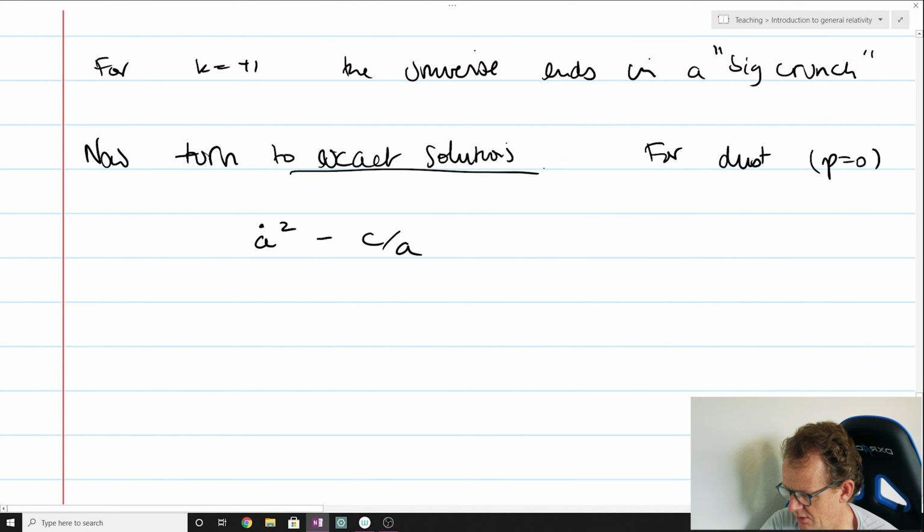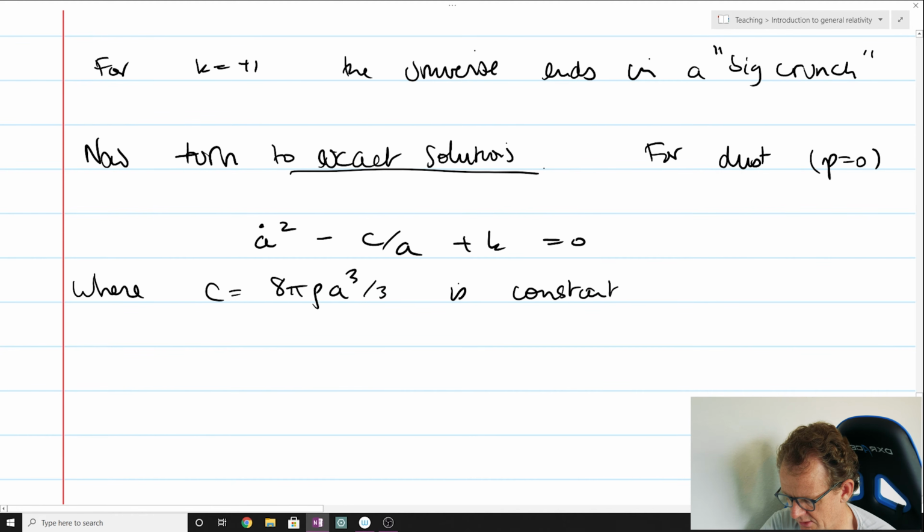Now you can rearrange equation 1 to look like this, where C equals 8 pi rho a cubed divided by 3 is a constant. This is meant to be big C, because rho times a cubed in a dust-dominated universe is a constant.